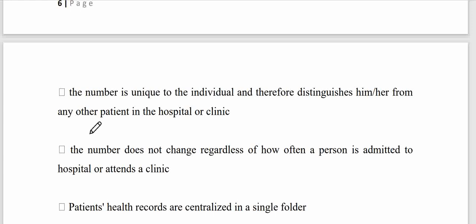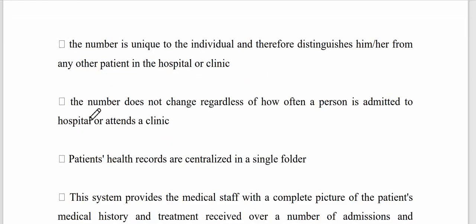We give a unique number, which makes identification of the patient easy. It will be of great help in distinguishing between one patient and another. And also, the number doesn't change regardless of how many times a patient comes to the facility. We shall keep giving you the same number.